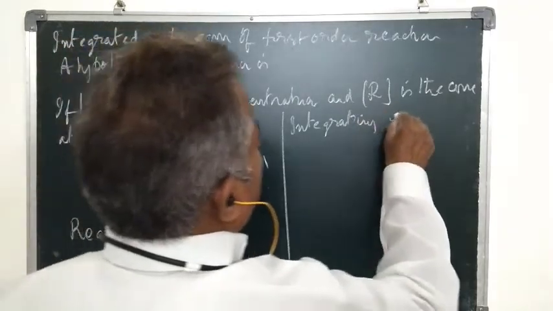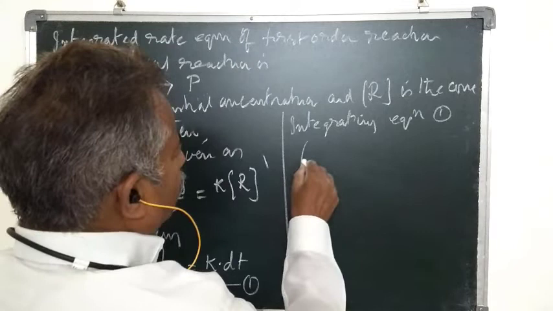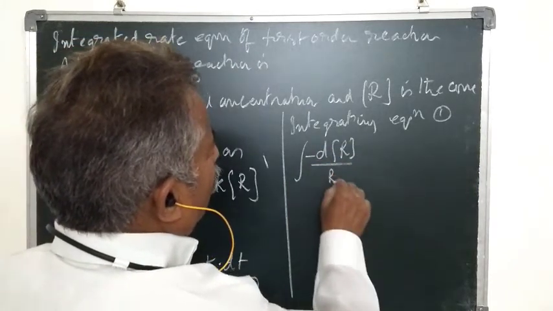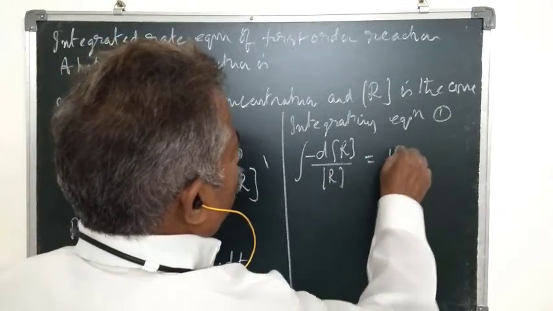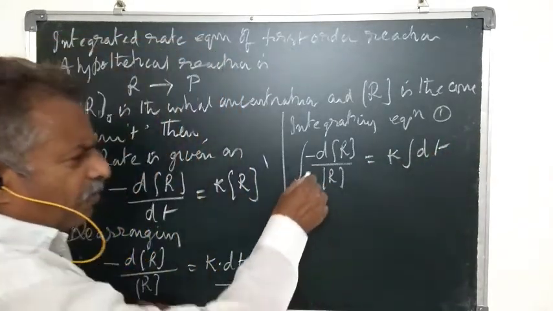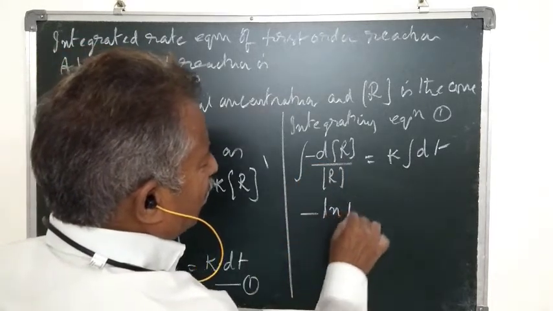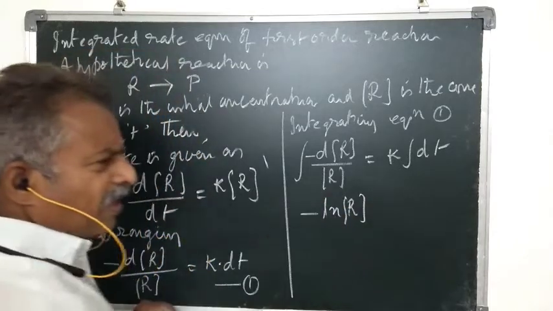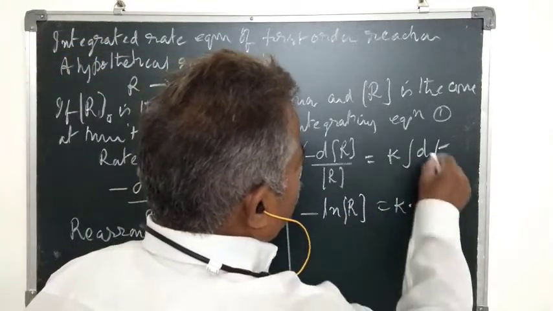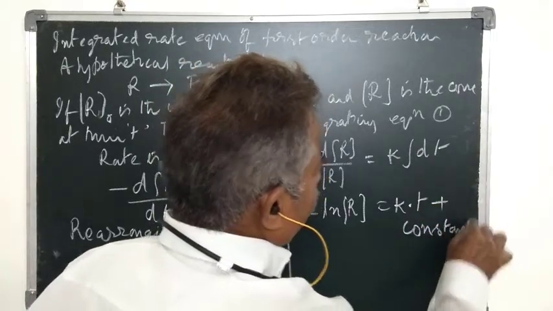Integrating equation number 1, integral of minus dR by R is equal to k into integral dt. Integration of minus dR by R becomes minus ln R, where ln means natural logarithm, is equal to k dt, which becomes kt plus constant.